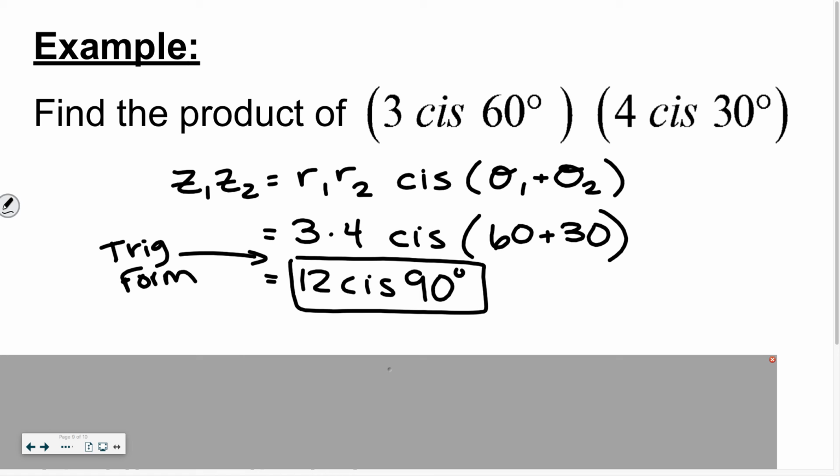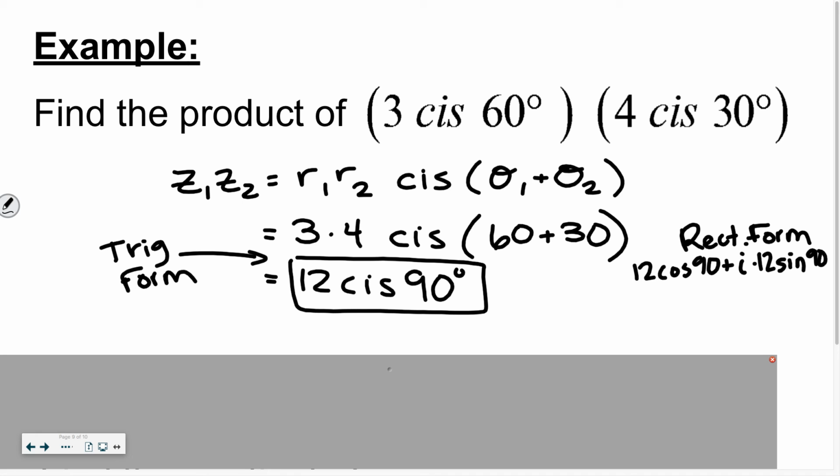If I wanted rectangular form, we would do like we did on that last example, expand and evaluate. So that would be 12 cosine 90 plus i times 12 sine 90.